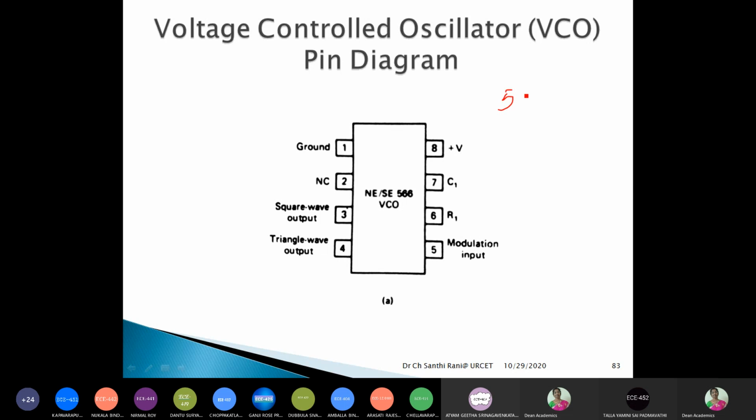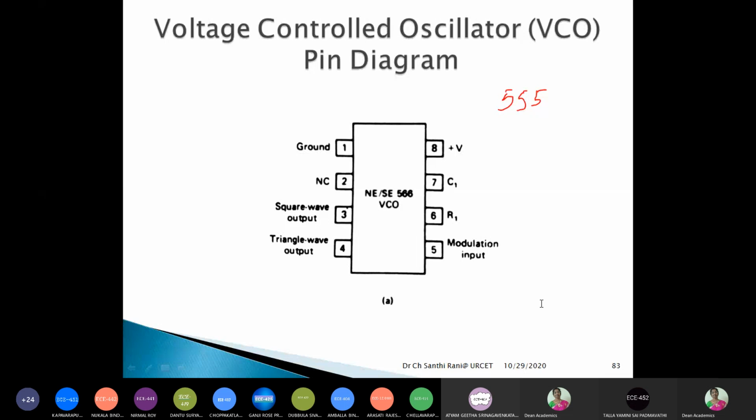What is 555? I think you have responded in the chat box. Yes, 555 is a timer. Very good, right. 555 is a timer.